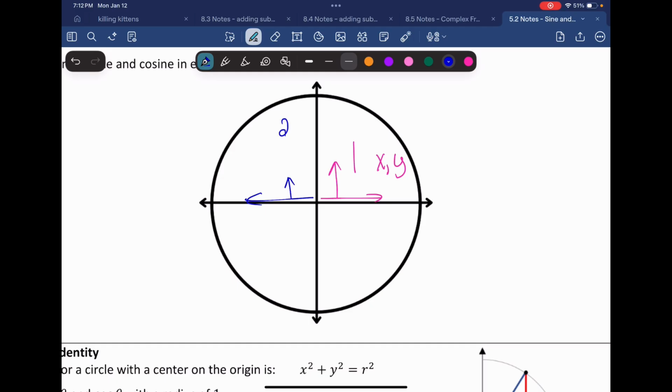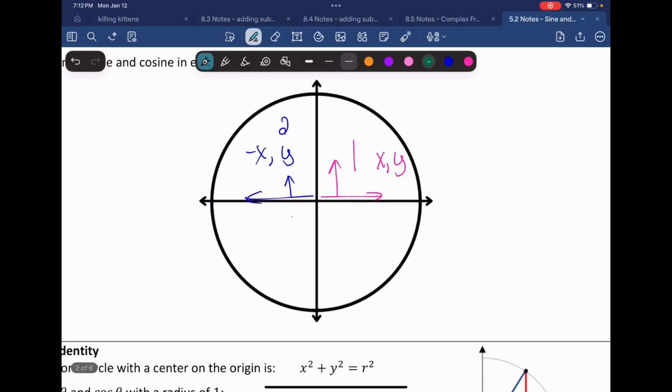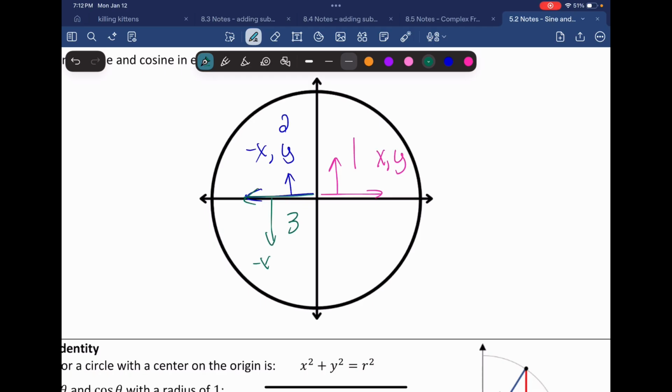Well, if we went left, our x was negative. If we went up, y was positive. Okay, now we're down here in quadrant 3. We're still going left, but now we're going down. So that's a negative x and a negative y. We're over here in quadrant 4. We went right, but we went down. So right was a positive x, down was our negative y.